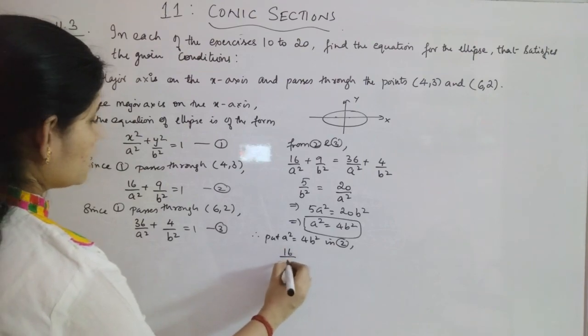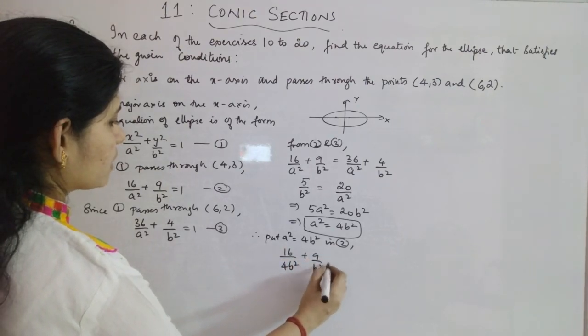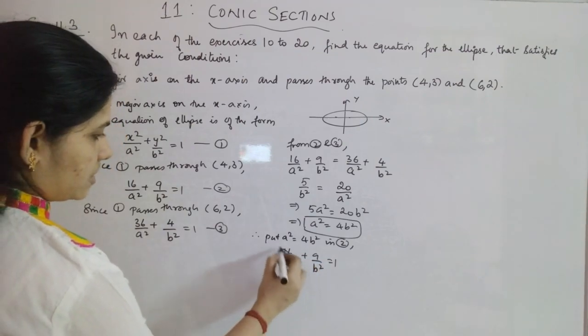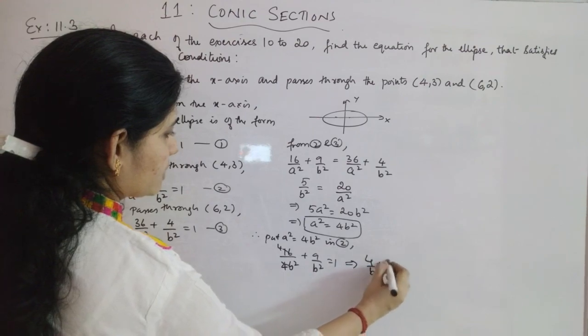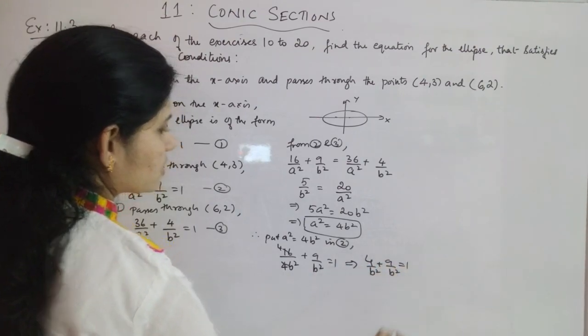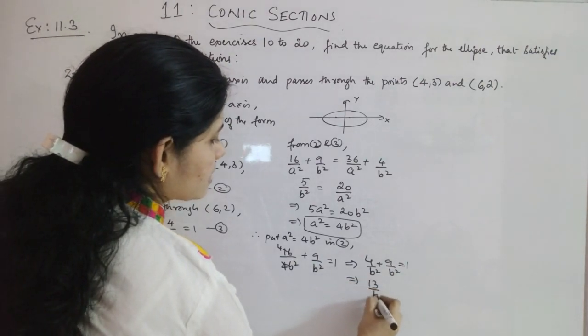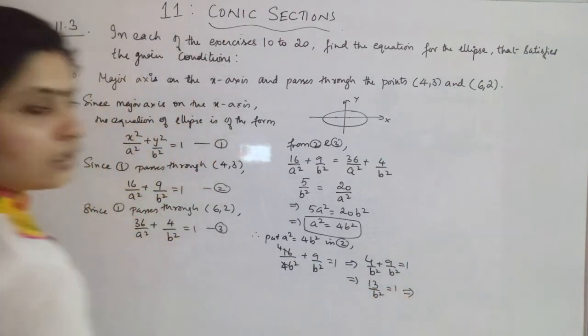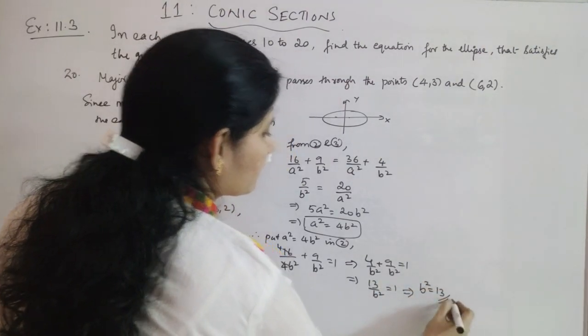So it will become 16 by 4b square plus 9 by b square equal to 1. That means you are getting 4 by b square plus 9 by b square is equal to 1. That means 13 by b square equal to 1, or b square is equal to 13.